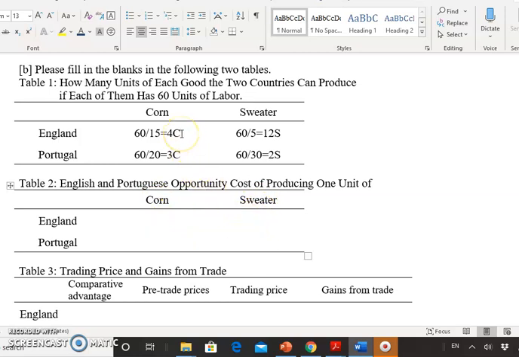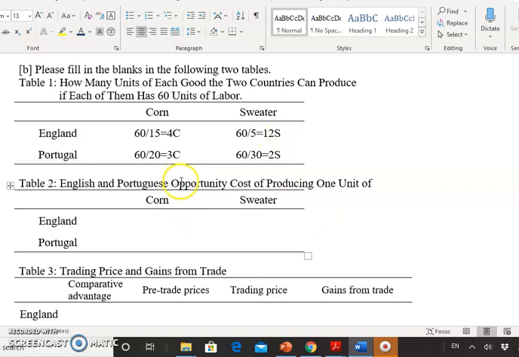Now here, if you go back to table 1, you would be able to find that, to be able to produce 4 corns, England has to give up 12 sweaters, right? Because remember, it has only 60 units of labor. So to produce 4 corns, that means it already used up its labor. So it has to give up these 12 units of sweater production.